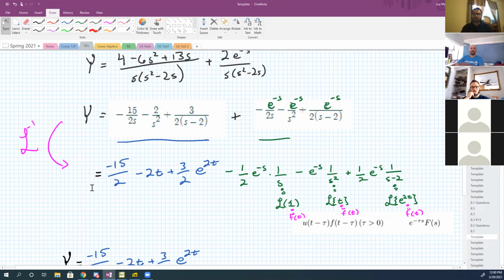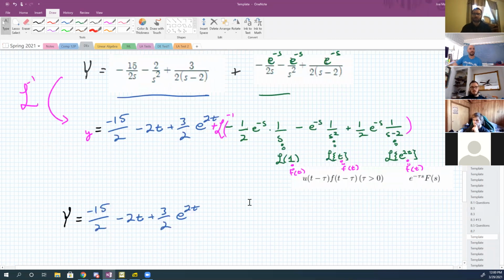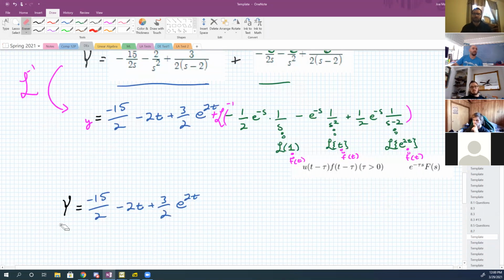So let me fix my notation. This was little y now, because I inverse Laplace transformed it. This stuff is all inverse Laplace transformed, and the thing I'm working on is inverse Laplace transforming all that stuff. So down here, I'm going to have a little y.